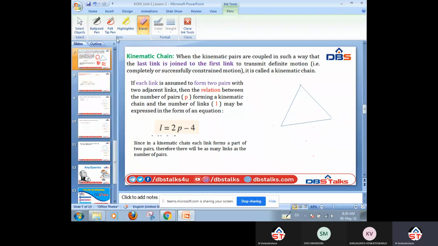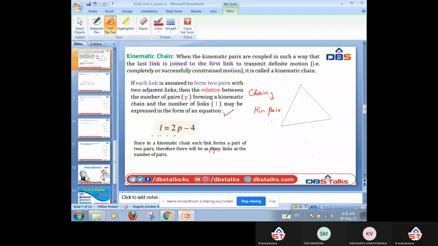But here there is an important equation to be satisfied. For a kinematic chain, whatever the kinematic chain is to be a kinematic pair, by framing the equation L is equals to 2p minus 4.